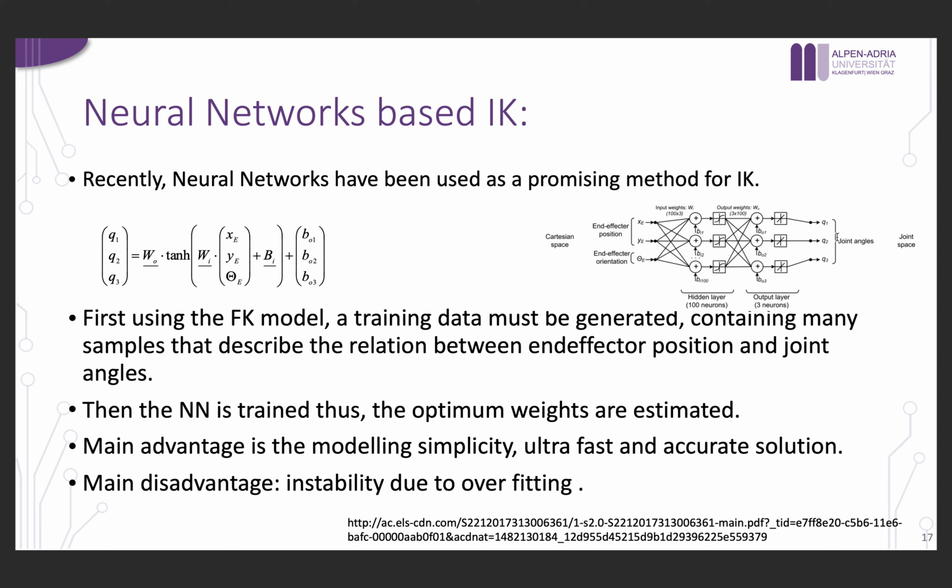Theoretically, I can do that easily because I have the forward kinematic model. What I can do is change theta 1, theta 2, theta 3. Let's say I define the range of theta 1 between 0 and 180, theta 2 between 0 and 90, theta 3 between 0 and 90, with a step size of 0.1.